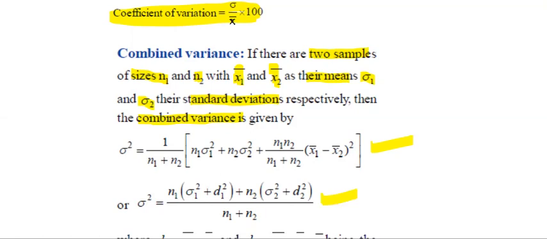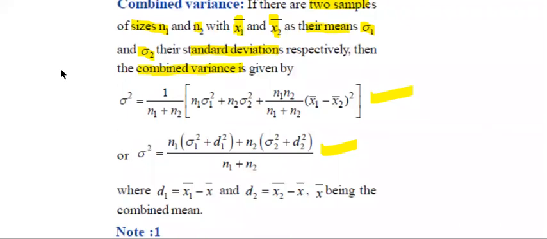Or another method also: sigma square is equal to n1 into sigma 1 square plus d1 square plus n2 into sigma 2 square plus d2 square, divided by n1 plus n2. But here remember one more formula. How to find d1? That is x1 bar minus x bar. How to find d2? x2 bar minus x bar, where x bar is the combined mean, and x1 bar, x2 bar are means of two different individual observations.